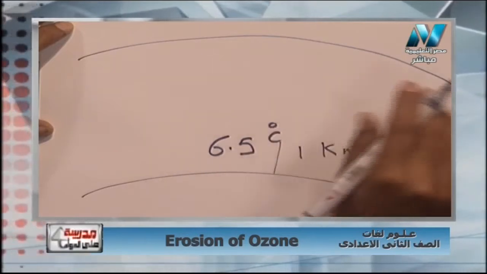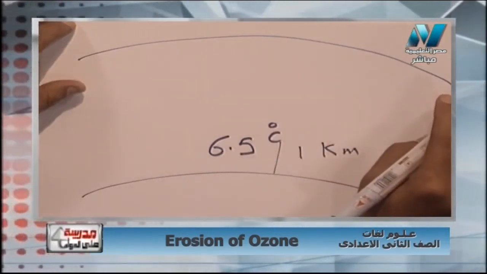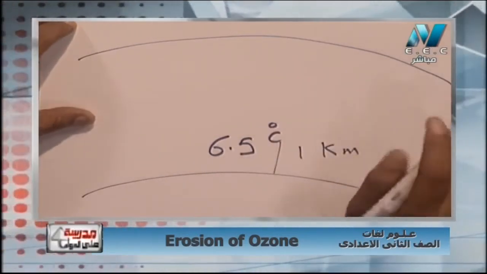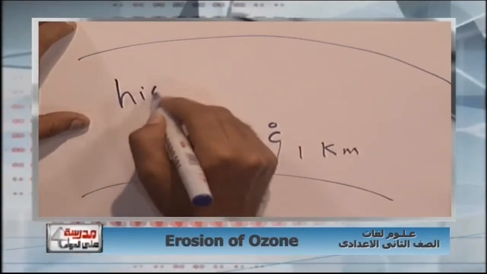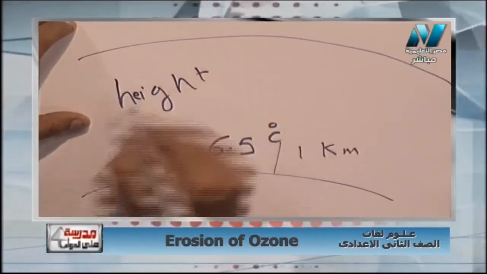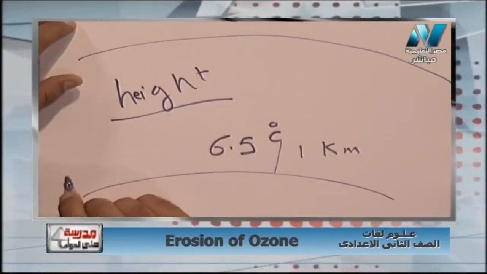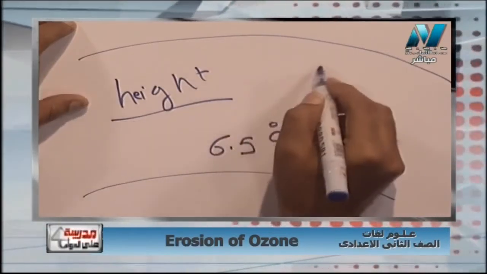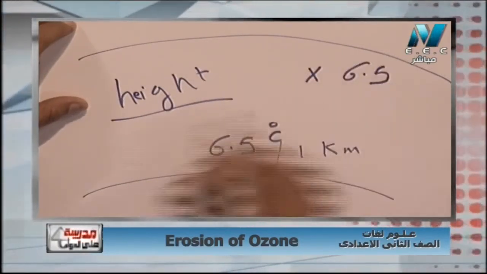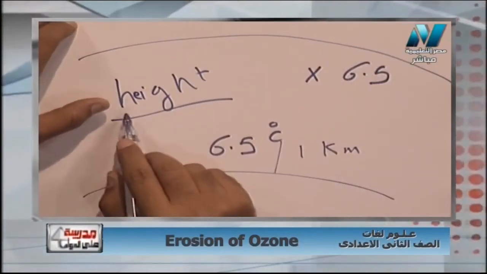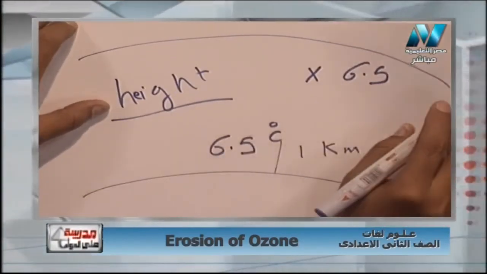But if I have a problem in the exam, what can I do? First, I have to search for the height. If I found the height, I must multiply height times 6.5.